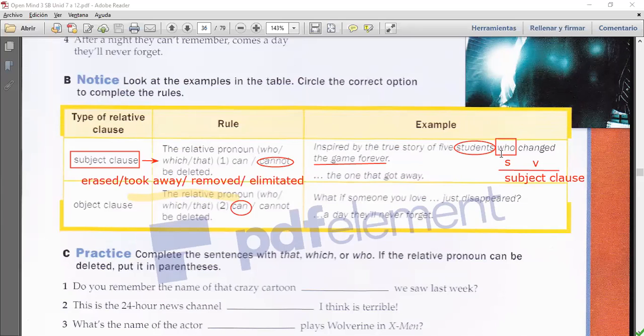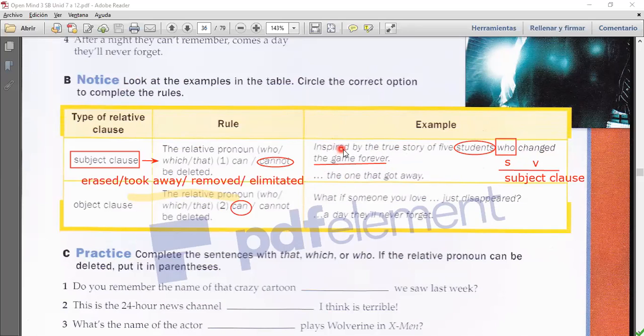Why? Because who is the subject. Who is in place of a student? Okay, so we can say a student changed the game forever. Who changed the game forever?